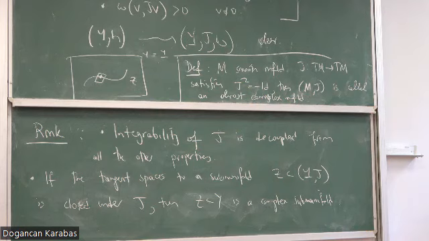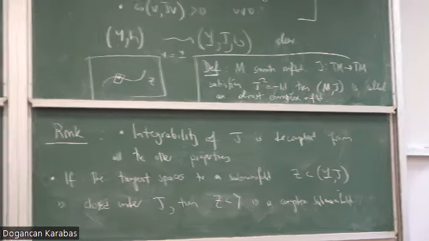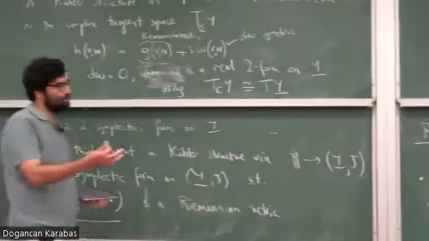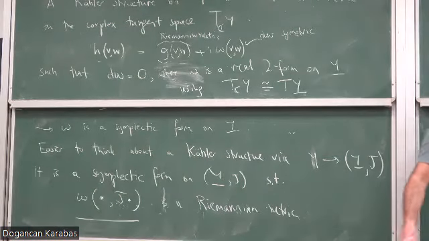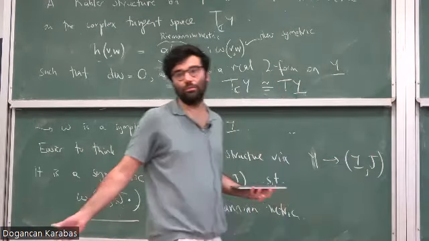Okay, so many things, like finding an omega and J compatible in this form, etc., don't rely on J being integrable. So you can actually work with almost complex manifolds and almost complex structures too, sometimes.